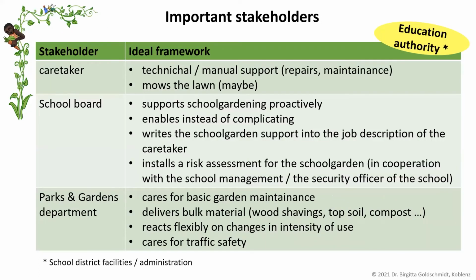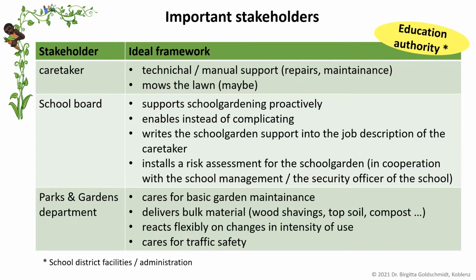Now we have a lot of important stakeholders which help to run a school garden in a good way. At first, there are all those who come from the education authority, that may be the school district facilities or administration from the city, from the district, from the county, whatever.